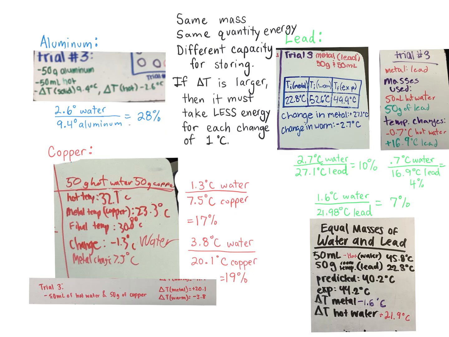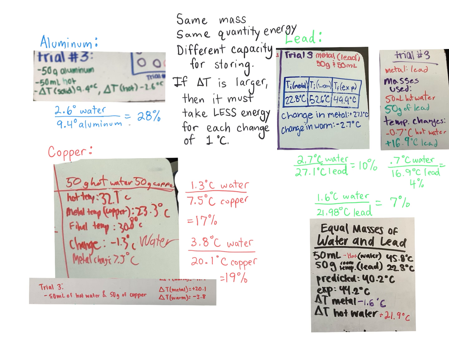So I said that twice and then I wrote it down. If the change in temperature is larger, like it is for all of our metals, then it must take less energy for that metal to change 1 degree Celsius in comparison to the water. And that matches our experience I just described with pots heating up faster. They don't have to sit on the stove as long as water does to go through the same temperature change.